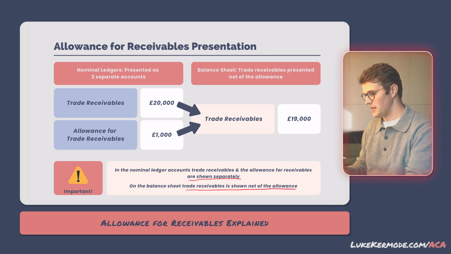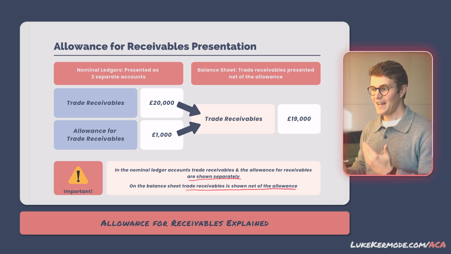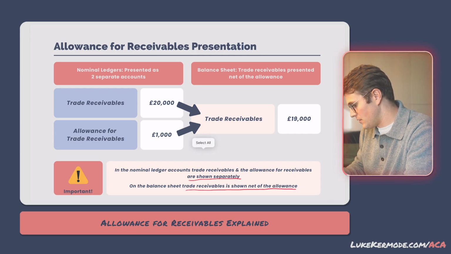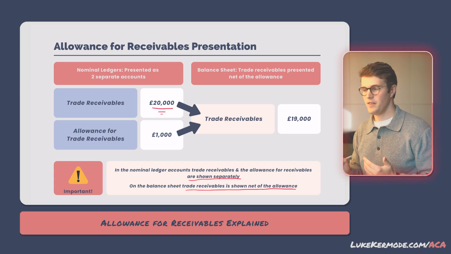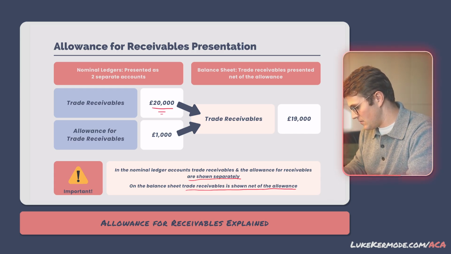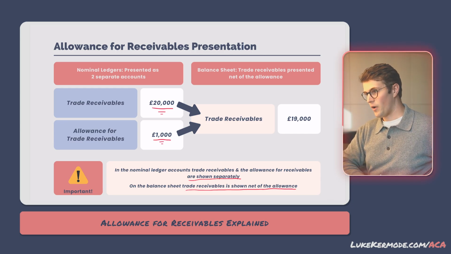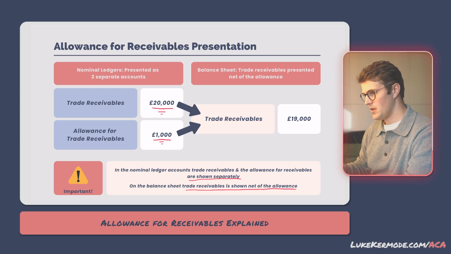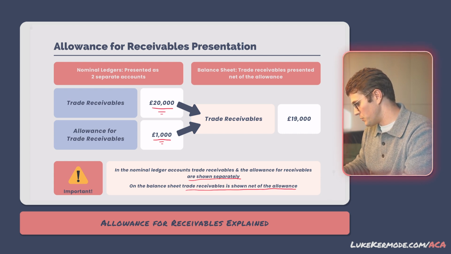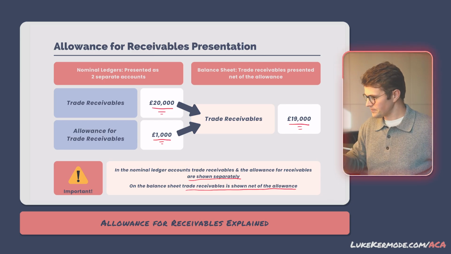So in this example on the slide, trade receivables in the accounts are presented gross of the allowance, so trade receivables 20,000, and the allowance is also presented separately as its own distinct nominal ledger account at 1,000, but on the balance sheet the net figure is presented, so the 19,000, which is equal to the 20,000 less the allowance of 1,000.